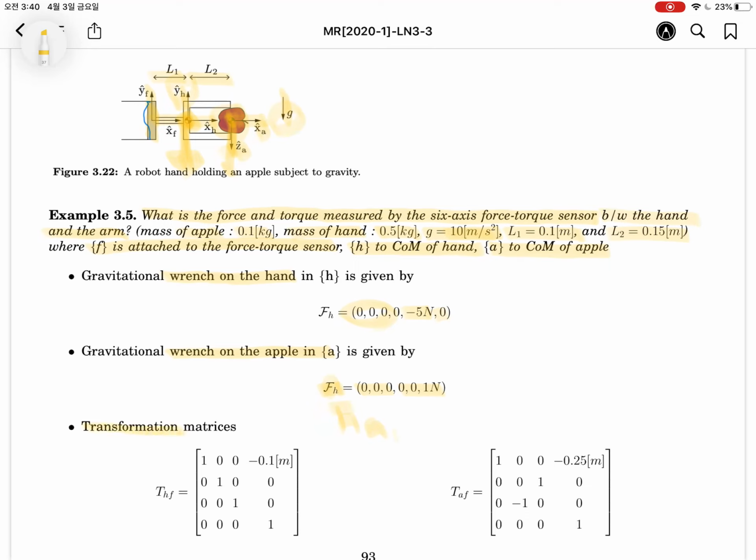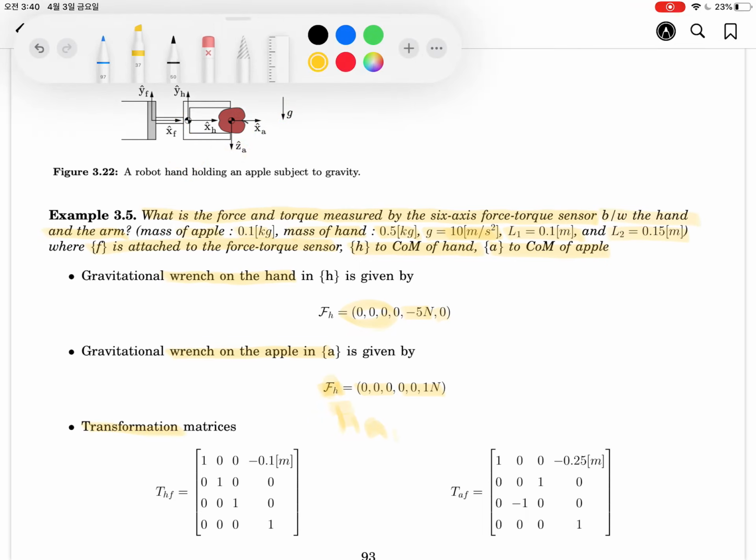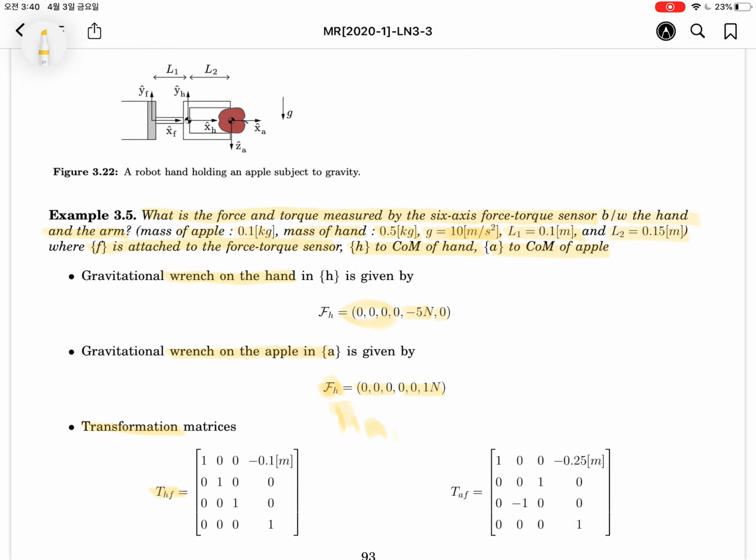Okay, let's take the transformation matrix from the F coordinate. The transformation of F relative to H. H is the base coordinate here. Let's read the F. XF is aligned to the XH, so 1, 0, 0.